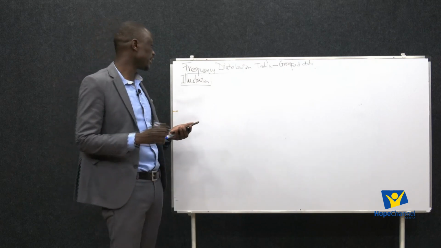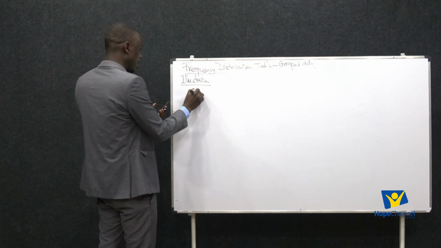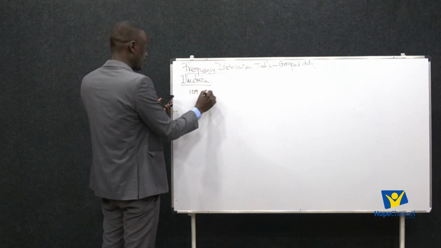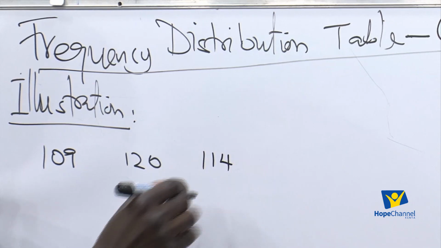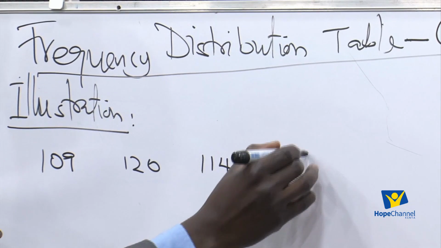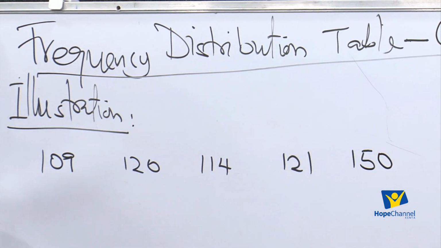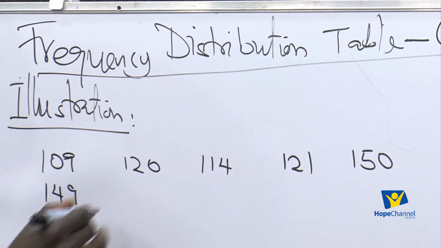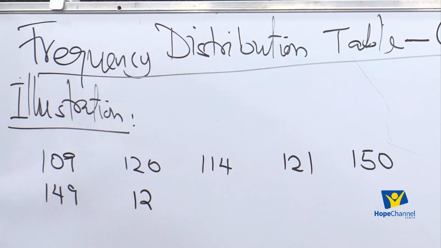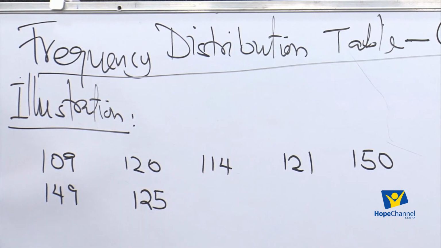So let me just write the data. We have 109, 120, 114, 121, 150, then 149, 149. Somebody should write this with me, it is going to form part of this illustration.